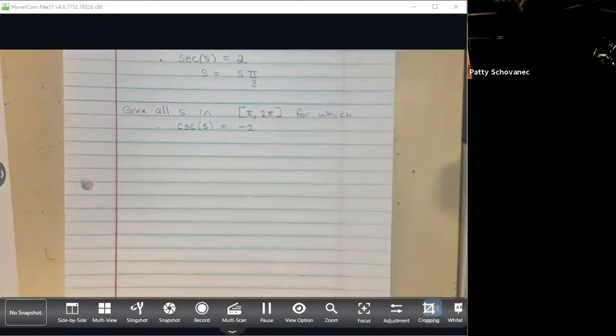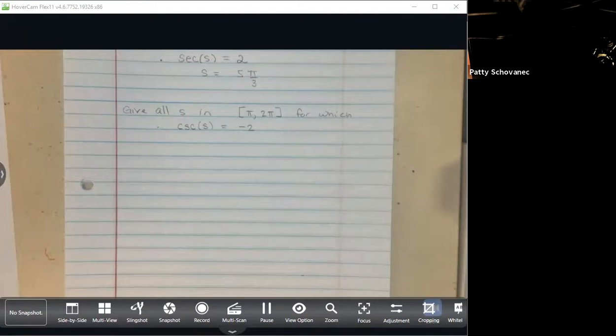Well, now there's a couple of them, right? Because the only places that the cosecant is positive is quadrant 2 and quadrant 1. Between pi and 2 pi, we're in quadrants 3 and 4. So there's 2 values of S that satisfy this relationship.